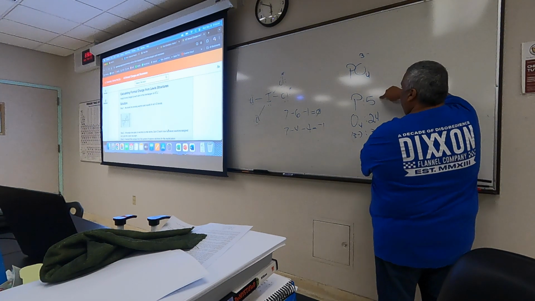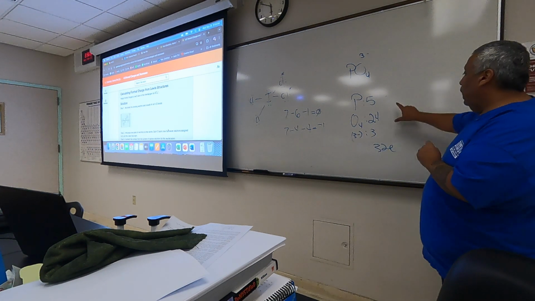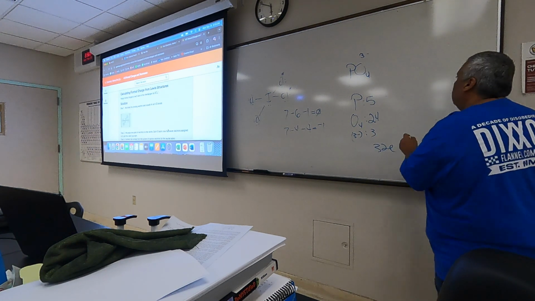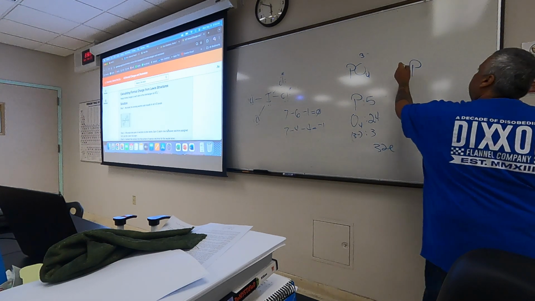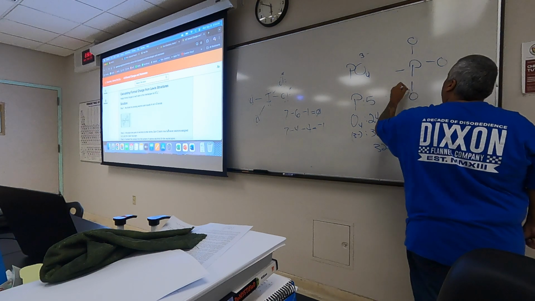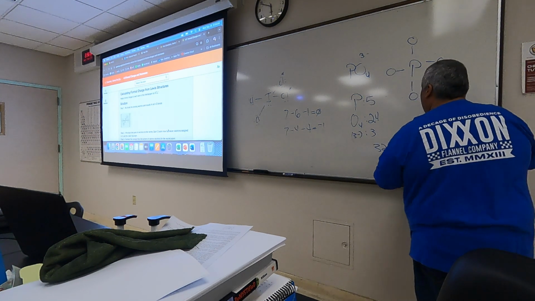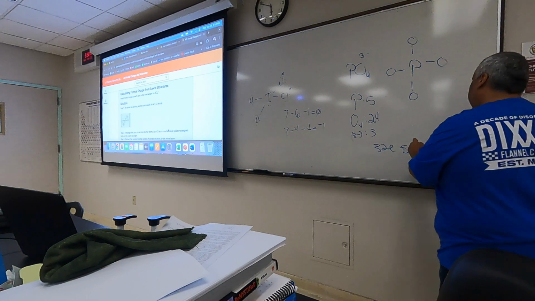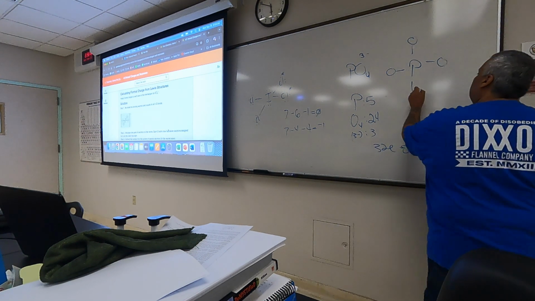So this totals up to 32 electrons. We're going to put phosphorus in the middle because it's the least electronegative. We've used 8 out of the 32 electrons, which means we have 24 electrons left.